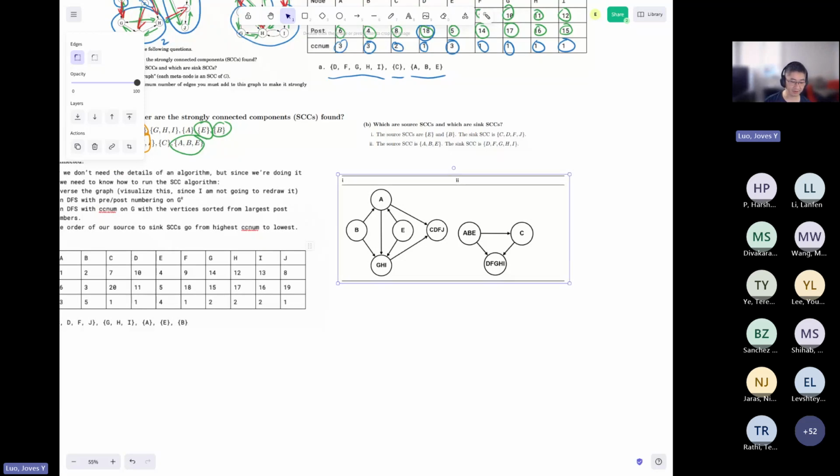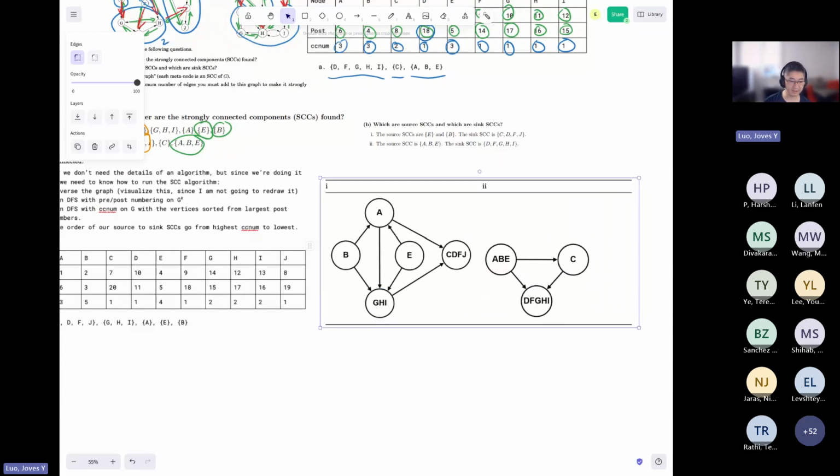Because the metagraph is all a DAG, but the second you create a single edge that causes there to be a cycle, then everything that cycle contains collapses into a single SCC. So I think you're supposed to do this visually. I don't know if there's a program to do this, but let's see.